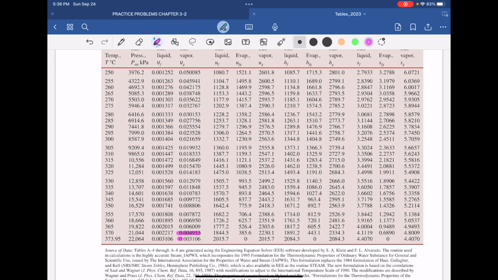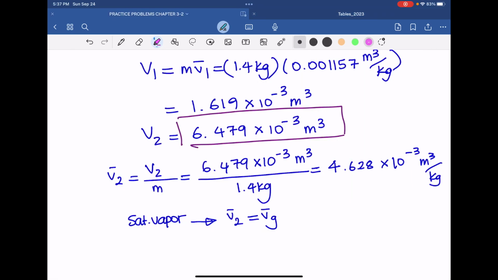So somewhere in between here, 0.0046 to 48, right? It is in between those values, so the temperature has to be in between 370 and 373.95. Again, we need to do linear interpolation.